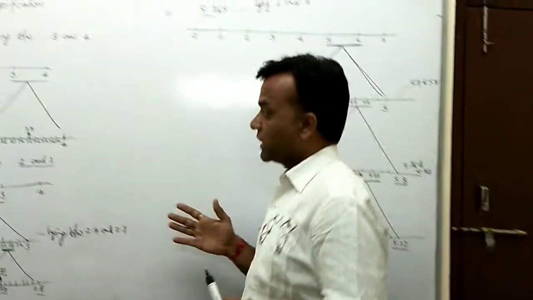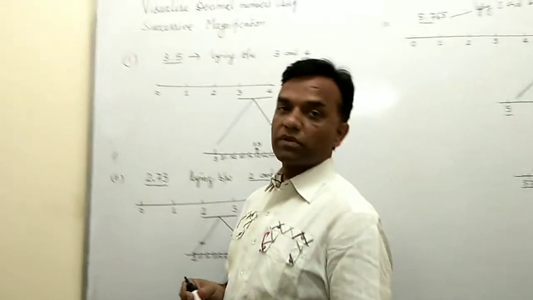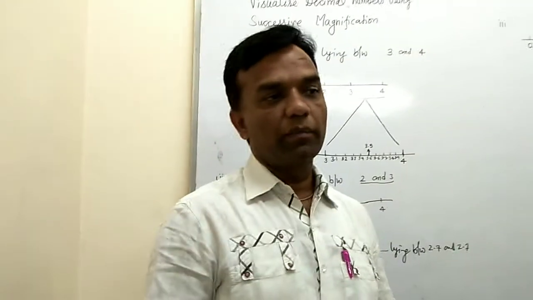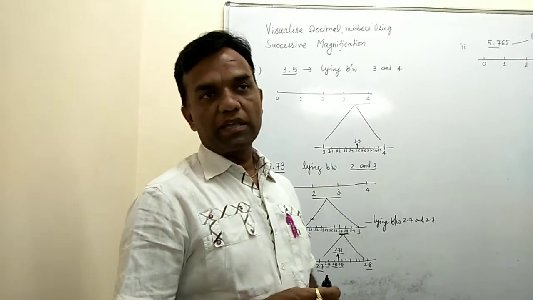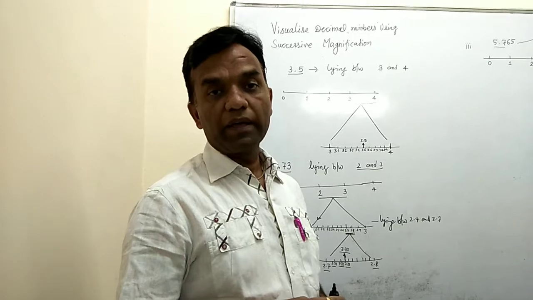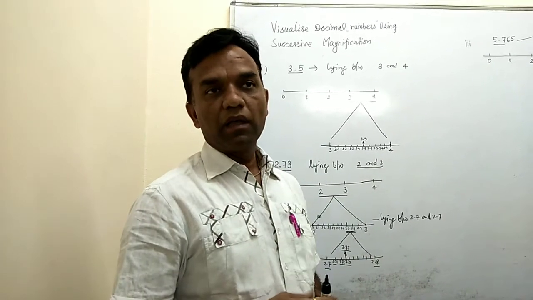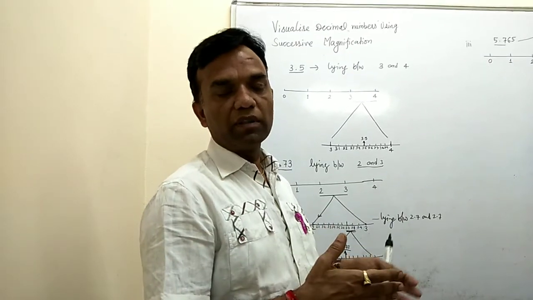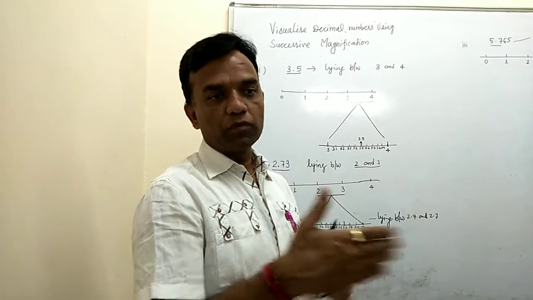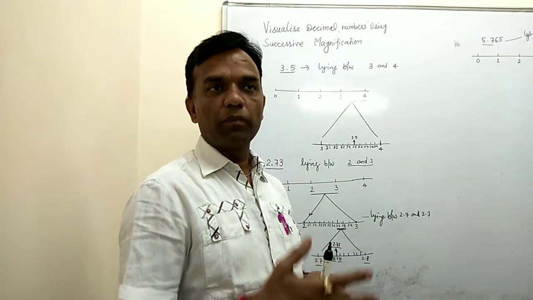This is a very easy process because it depends on which decimal place is given. Maybe it is recurring, like 2.62 bar is given, and you are asked to show the number on the number line up to 3 place or up to 4 place.